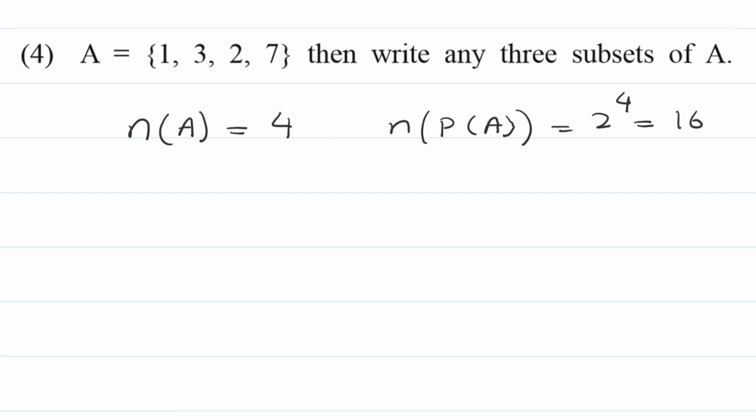So there are 16 subsets to set A. So I'll make list of all 16 subsets. You can select any 3. So there are 2 special subsets. First is empty set. Empty set is subset of every set. And second is set itself, A.